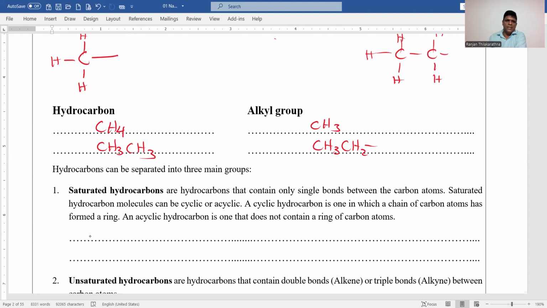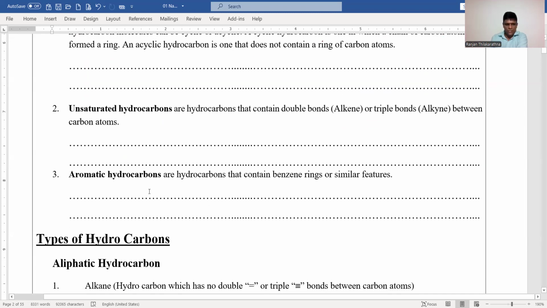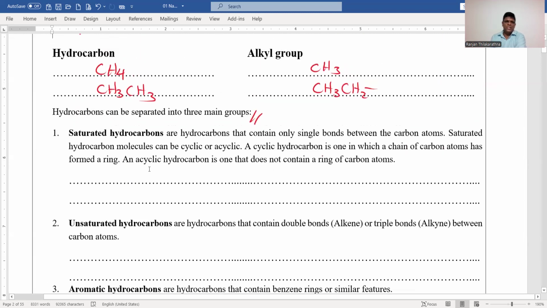Then hydrocarbons can be separated into 3 main groups: saturated hydrocarbons, unsaturated hydrocarbons, and aromatic hydrocarbons. What does it mean by saturated hydrocarbon?